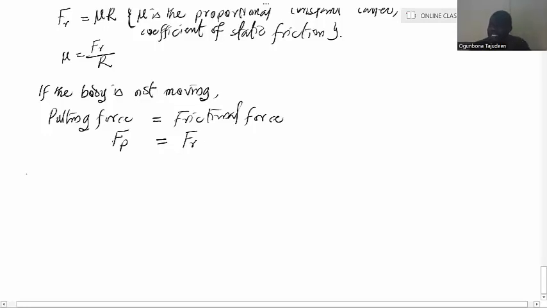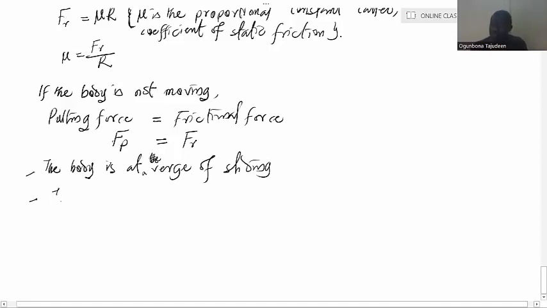The way they say it, they will say that the body is at the verge of sliding, or they will say that the body is just about to move or slide.